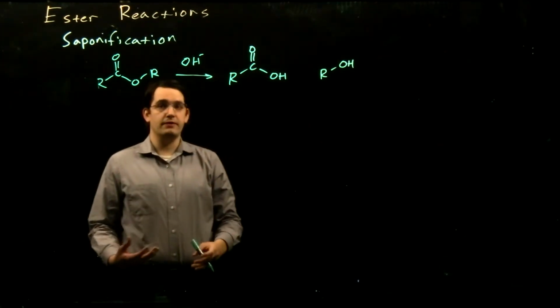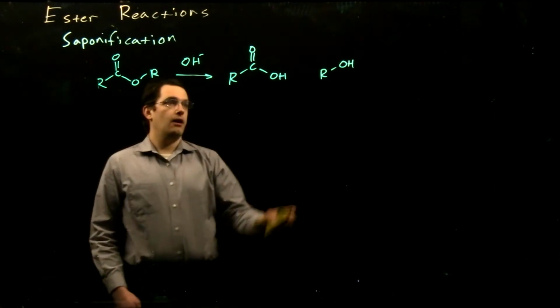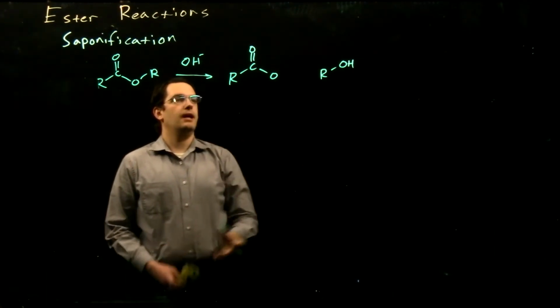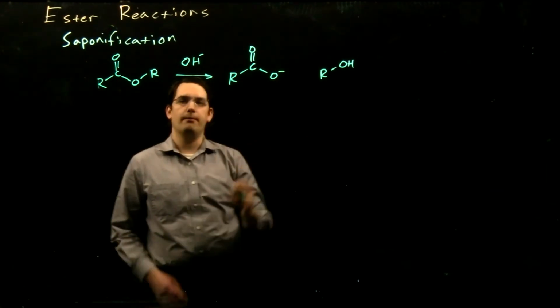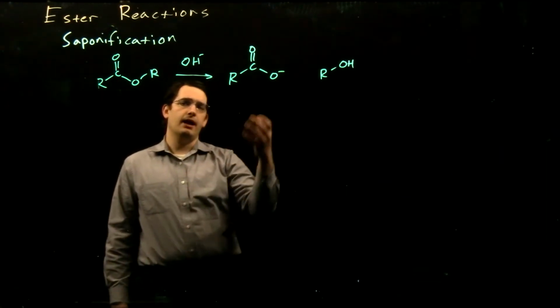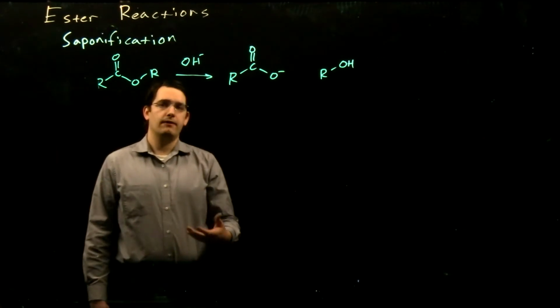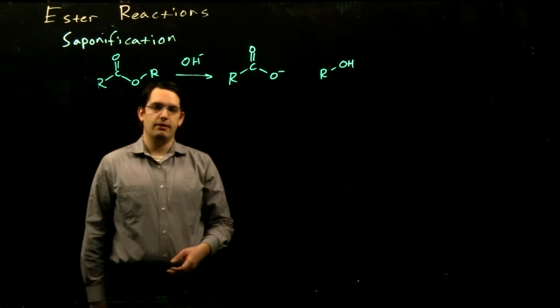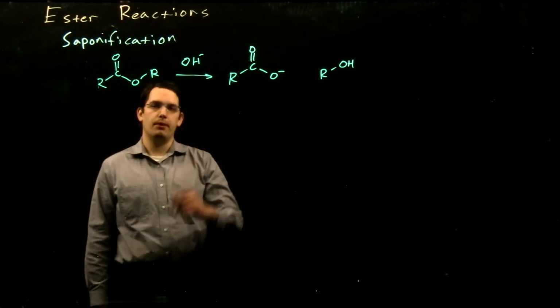Now, since we're using basic conditions, our carboxylic acid is going to get deprotonated to its anionic carboxylate form. And it's that anionic carboxylate that will make the good soap that will then be often used in a lot of our different soap products.